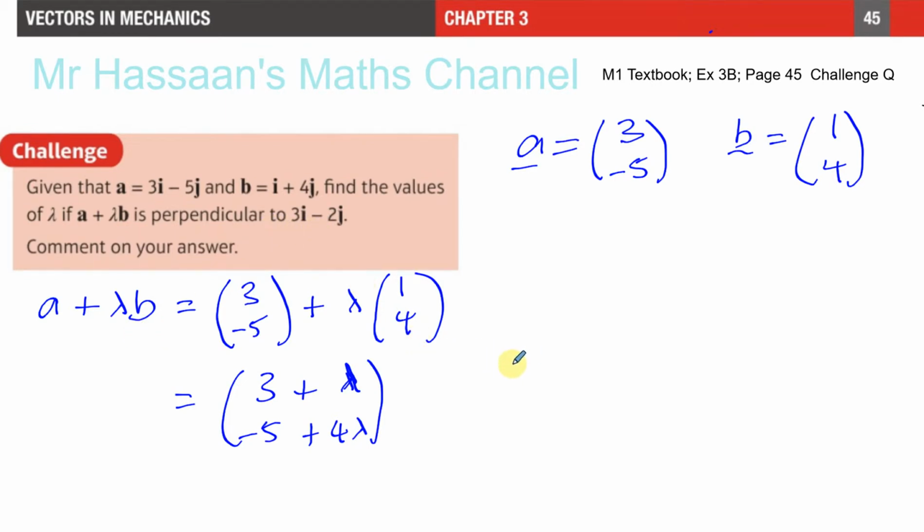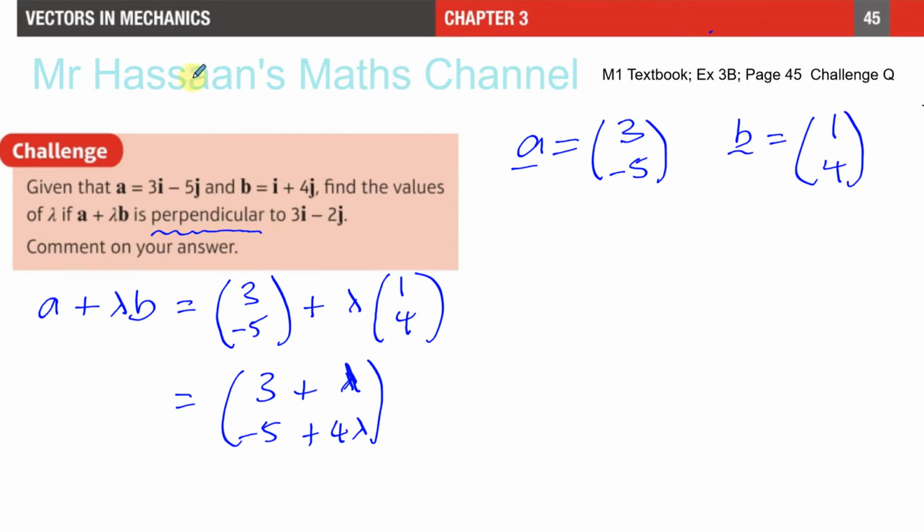Now when two vectors are parallel, you can say one of the vectors is equal to some multiple of the other vector. But perpendicular, this is why this is a challenge question, it's slightly different. There is a method that you will learn when you do P3, if you go on to A-level, A2 maths, where you can work out a relationship between two vectors if they are perpendicular to each other.